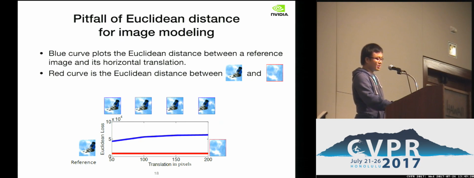You can see the snowboarder is shifted to the left, and for each shifted version, we compute the Euclidean loss. We find the Euclidean loss is actually larger than for the blue sky image. But intuitively, we would think that this translated version is more similar to the reference image. This tells us that Euclidean distance is not really a good metric for measuring the similarity between images. We might need a better metric.